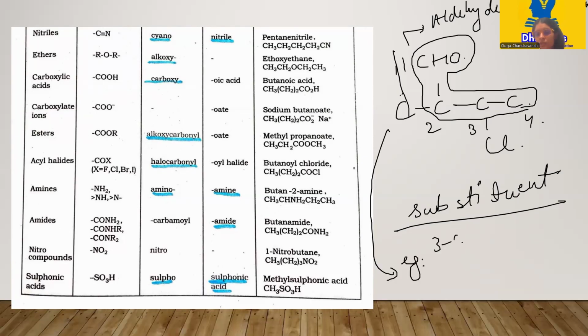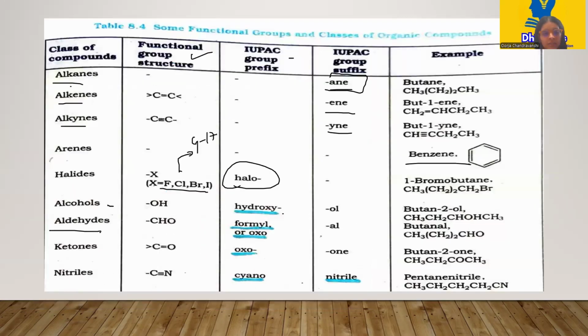This would be 3-chloro-2-methylbutanal. Why did I write butanal? Because if you look at the aldehydes, when I have that as the main functional group, the suffix used is al, which is added at the end.